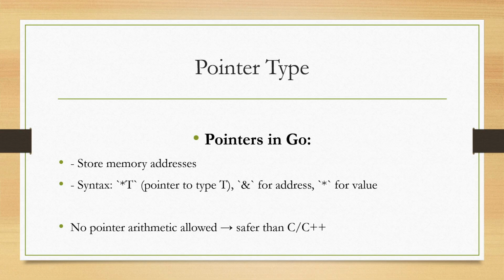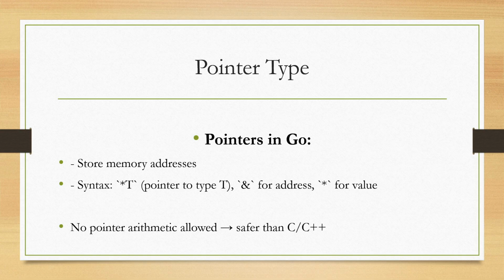How do you use pointers in Go? Syntax for pointers: if you want to declare a pointer to a certain type, you use *T, where T is the type of data you are pointing to. For example, if you have a pointer to an integer, it is written as *int. Getting an address: to get the memory address of a variable, you use the & operator.